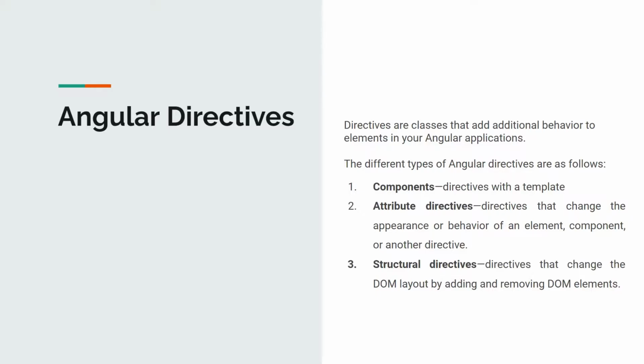For example, you may remember we did some DOM operations to add elements to the DOM using ngFor. In that case, ngFor is a structural directive. Next, we will discuss built-in attribute directives.